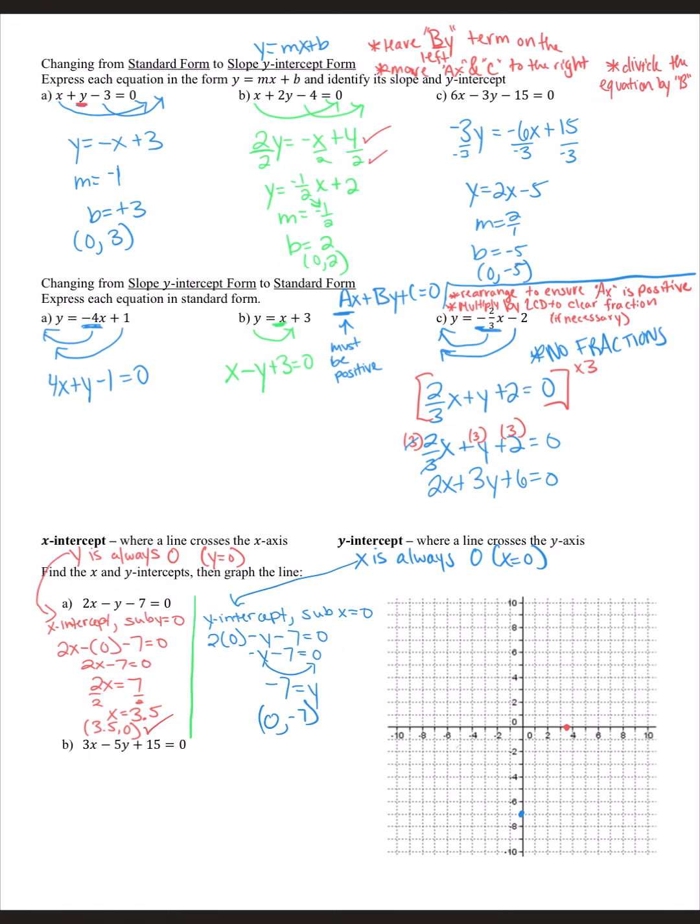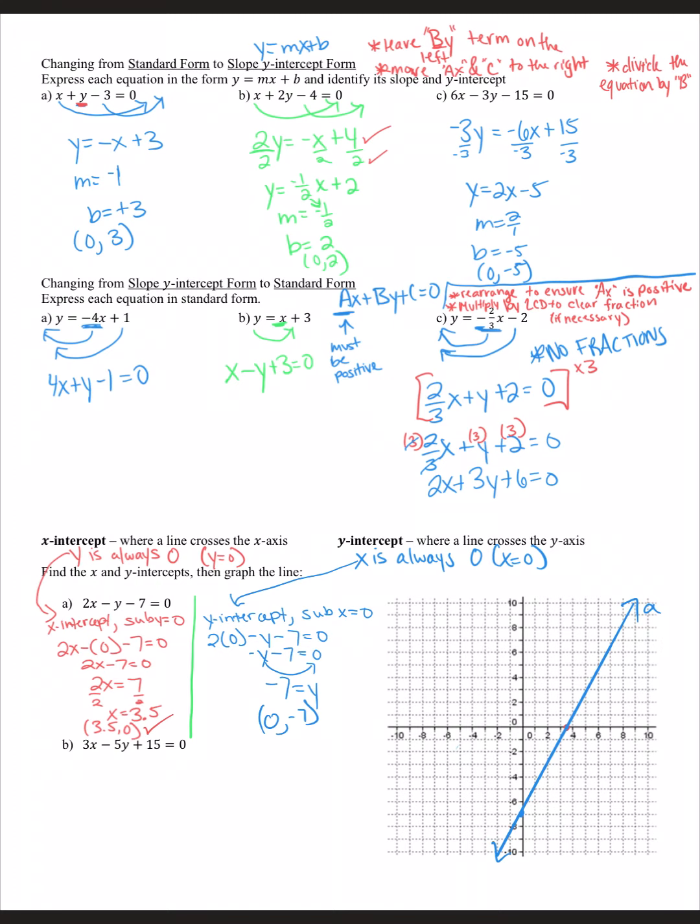So I'm just going to pull my ruler up so that I can draw a line connecting those dots. Okay, and we'll make sure that we put some arrows on there, and I'm going to label that as line A. But you can see as soon as you have 2 points, you can plot those and then connect the dots, and you're able to draw your line.